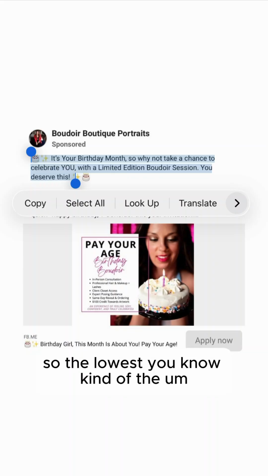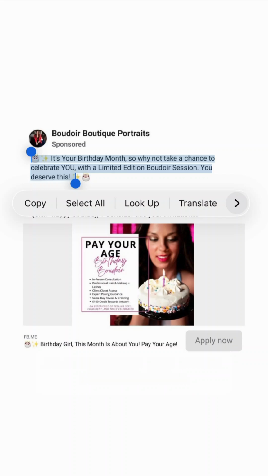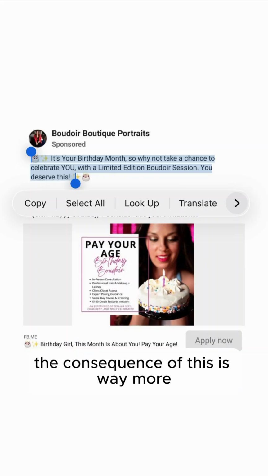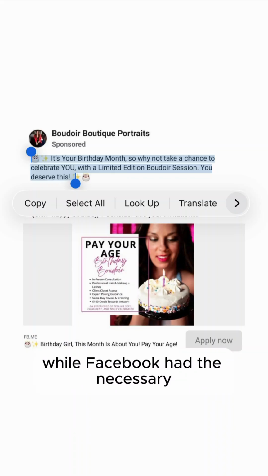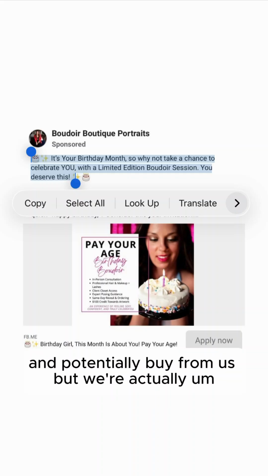The consequence of this is that way more women are going to scroll by our boudoir Facebook ad than necessary, women who could have been perfect to click in and potentially buy from us.